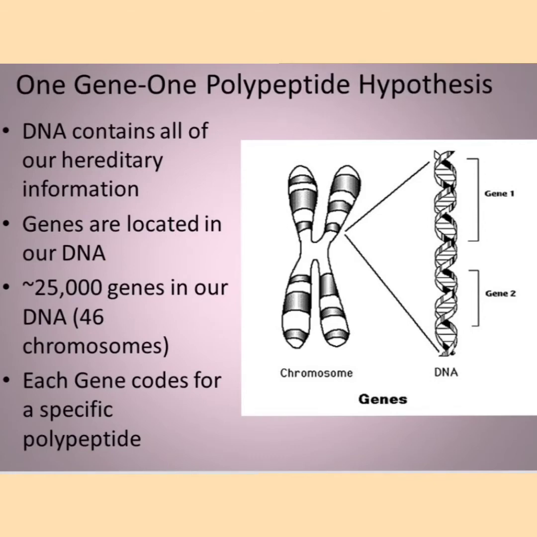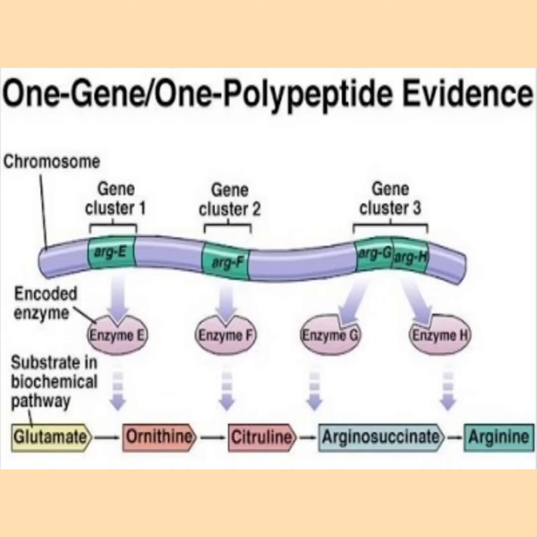There are 25,000 genes in our DNA in 46 chromosomes. Each gene codes for a specific polypeptide. You can see here that a specific gene codes for a specific enzyme, and each enzyme produces a particular amino acid. Likewise, gene 2 codes for citrulline, gene 3 codes for argininosuccinate, and enzyme H codes for arginine.